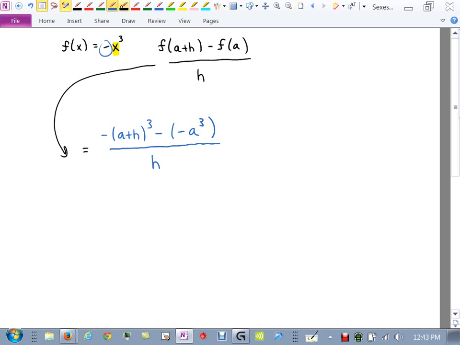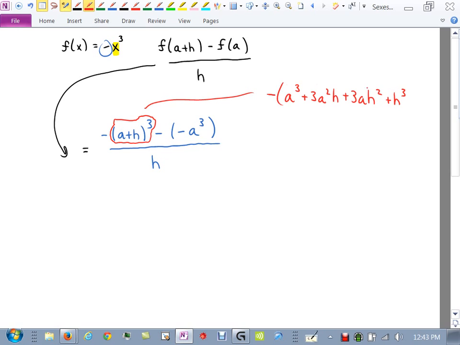All right, so now what I'd like to do is I'd like to go ahead and figure out what a plus h cubed is. You could do that on the side, but that's a cubed plus 3a squared h plus 3a h squared plus h cubed. That's what you would get if you multiply that out 3 times. And then we have a negative in front of it, right?